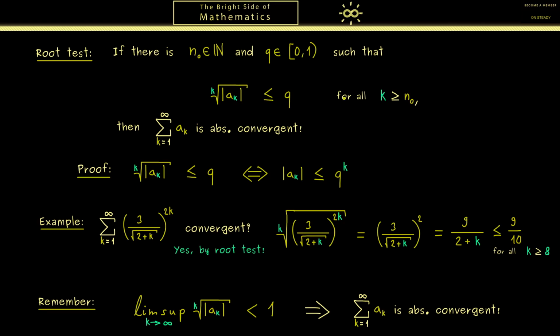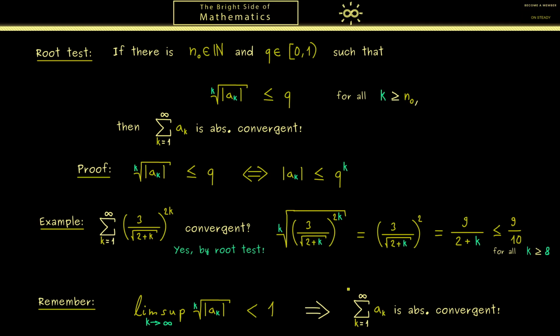In other words, all the requirements are fulfilled and we can conclude that the series is absolutely convergent. In our example from before, we just have to look at the limit superior of this result here, which is in this case simply 0. Hence I think this is psychologically helpful, because you don't have to guess a suitable q. You simply get a number out and you can check if this is less than 1.